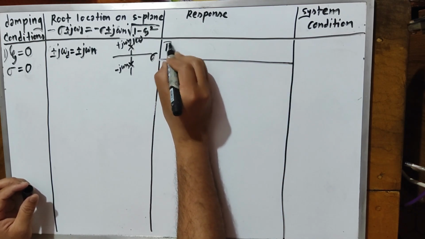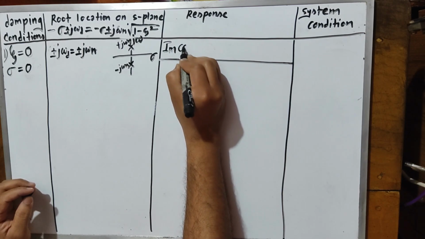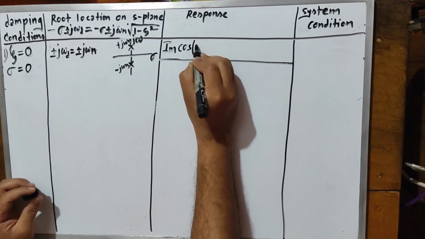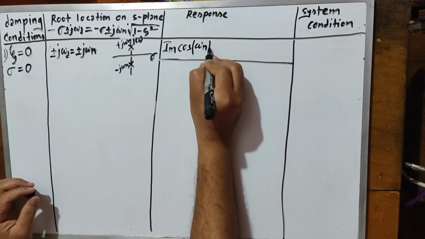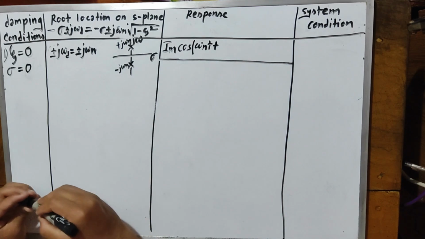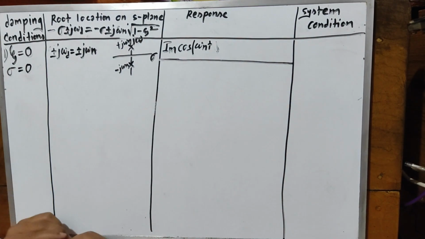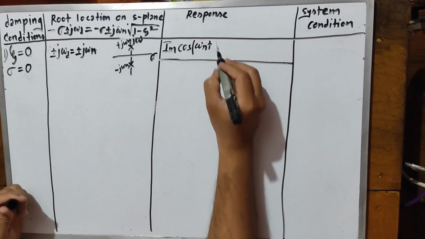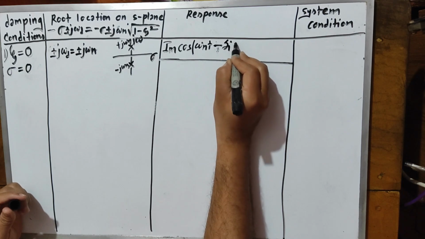The current response will be Im cos(omega n t minus delta I).